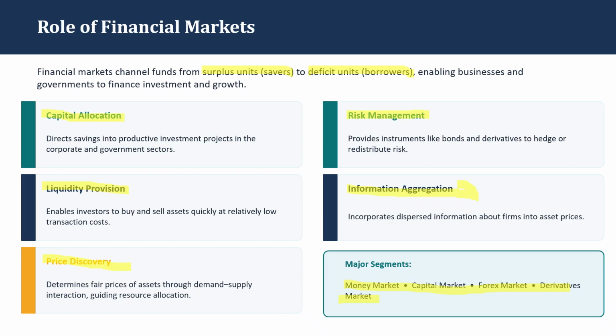Long-term government and corporate bonds are also traded on these exchanges. Then we come to the forex market, also known as the foreign exchange market, where currencies are bought and sold: rupees against dollars, euro, yen, and so on. It is essential for international trade and cross-border capital flows.